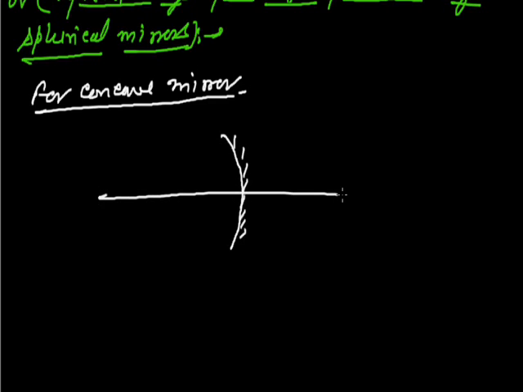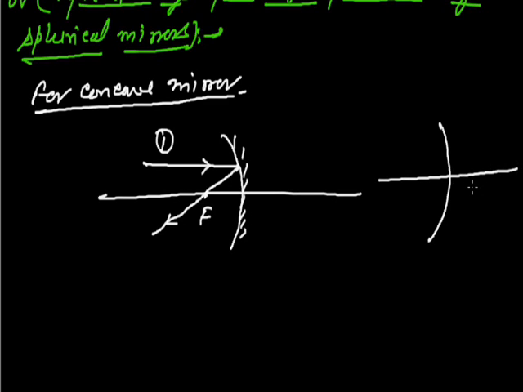First ray, a ray parallel to the principal axis, after reflection it will pass through focus point. The first rule or first ray, this one is first. Now for second ray, suppose this one is mirror, here is principal axis, this one is pole. A ray passing through focus point, after reflection it becomes parallel to the principal axis, is number 2.